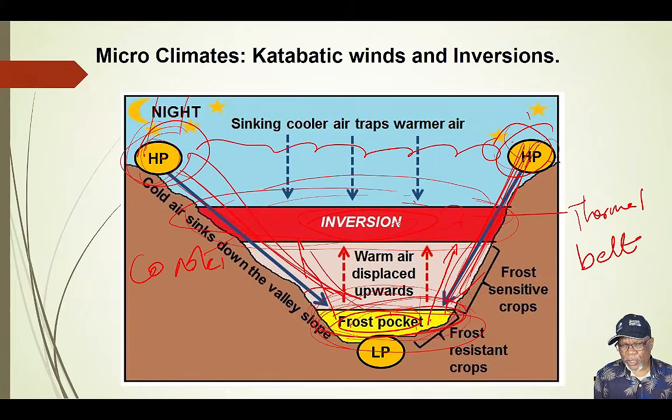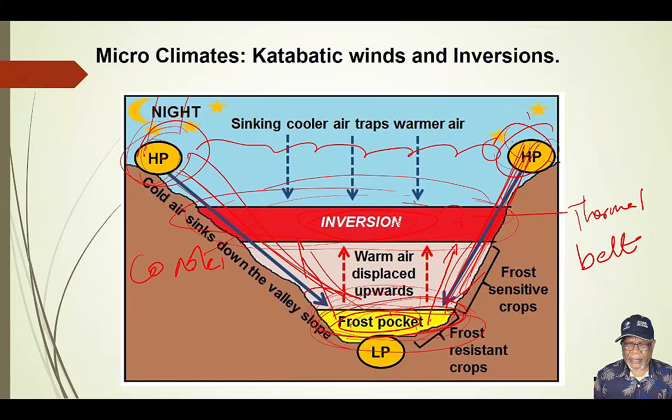And then only the crops that are resistant to frost can be grown at the bottom of the valley. So that is how these climatic factors influence the slope utilization. You can utilize a slope for certain reasons, but not for others.